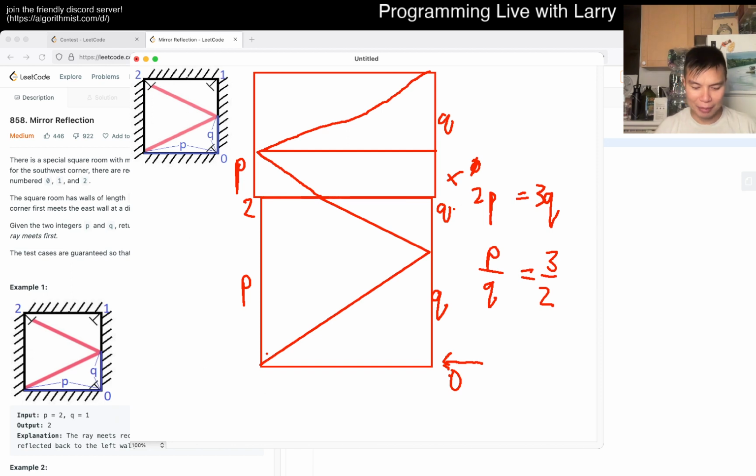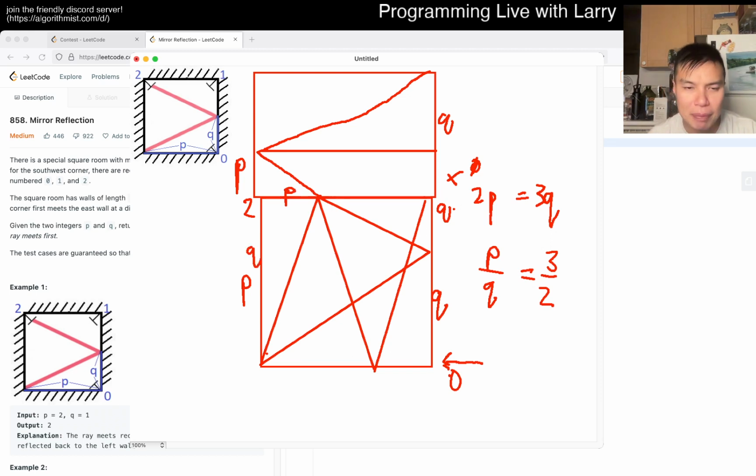I misunderstood the problem initially, so I thought that obviously P has to be greater than Q, but initially I thought that I could maybe go this way, and that's why I was like P is greater than Q, because I just misread the problem. In this case this is P and this is Q or something like that. I don't know, but I misread that part.